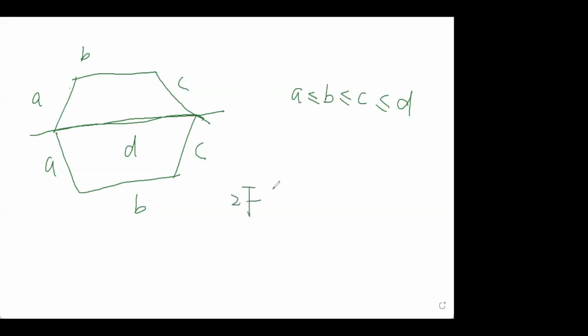So we know the area 2F is smaller than or equal to 3 square root 3 over 2 times (A plus B plus C over 3) squared. And since A, B are smaller than C, we can know that F is smaller than or equal to 3 square root 3 over 4 C squared. And how do we know that area is largest when it's regular?